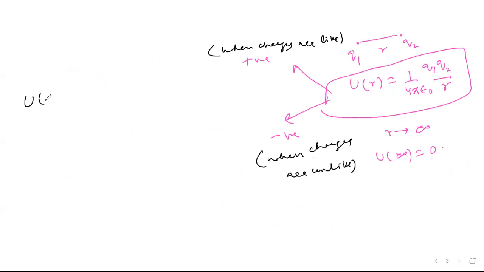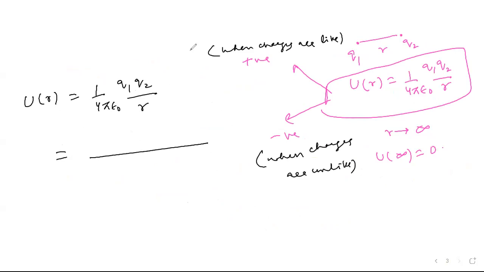Now here U of R is 1 by 4 pi epsilon naught Q1 Q2 by R. Let us put the numbers.